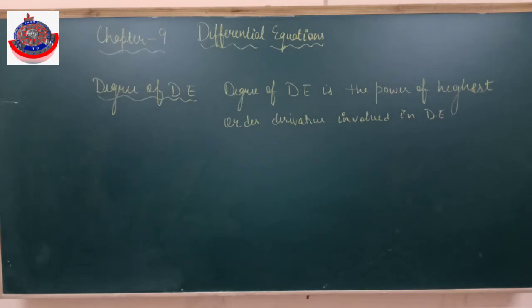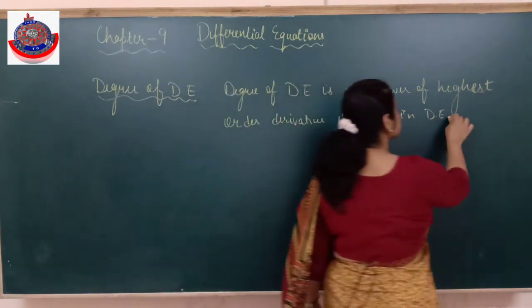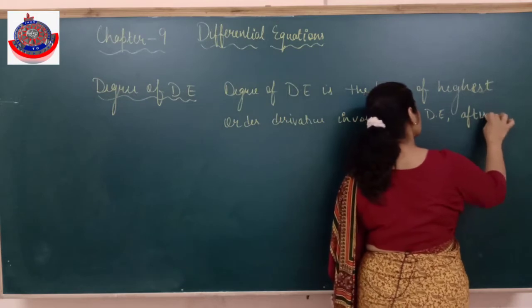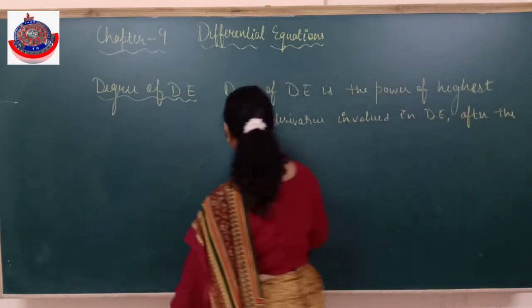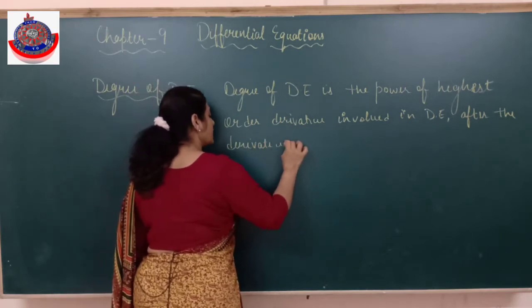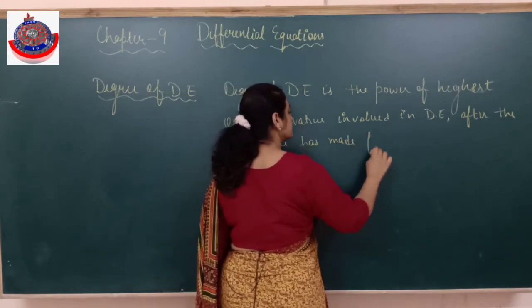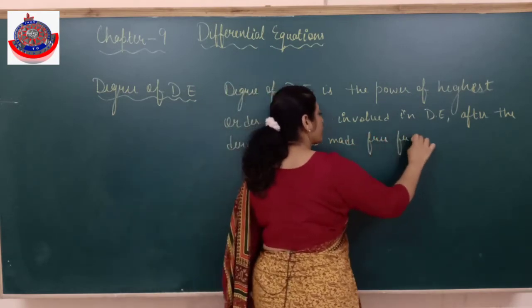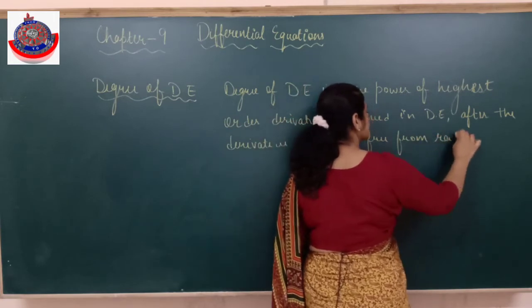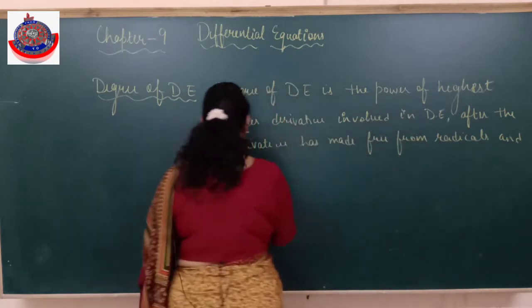But there is one condition: after the derivative has been made free from radicals and the fractions. Okay, that means derivative should not have radicals and fractions. All right, after the derivative has been made free from radicals and fractions.